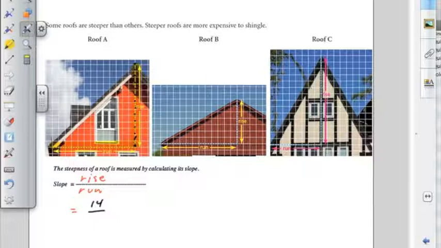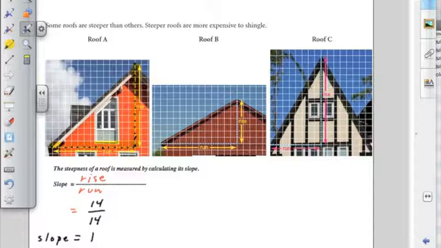Our run, if we start at the far left and count, is 1, 2, 3, 4, 5, 6, 7, 8, 9, 10, 11, 12, 13, 14 as well. So roof A has a rise of 14 and a run of 14. 14 over 14 is equal to 1, so we would reduce that and say the slope is equal to 1. And that tells you that the rise is equal to the run.